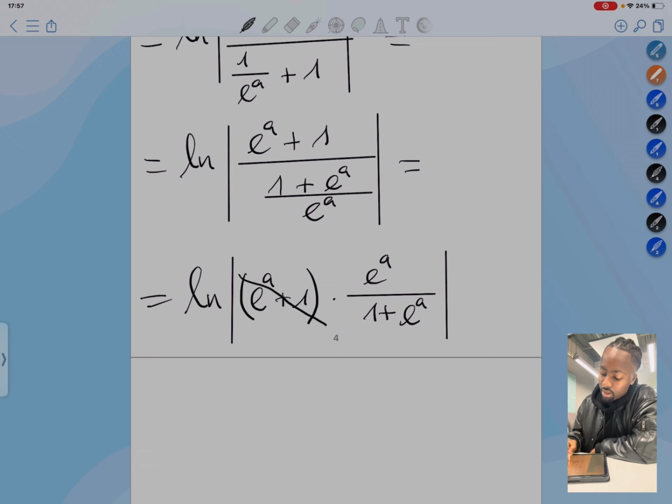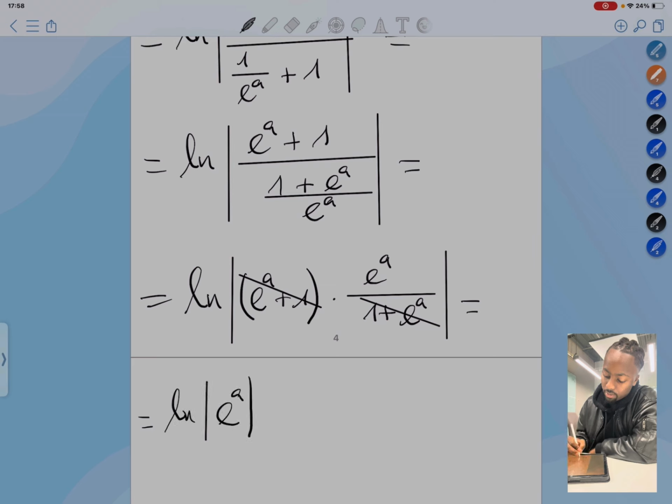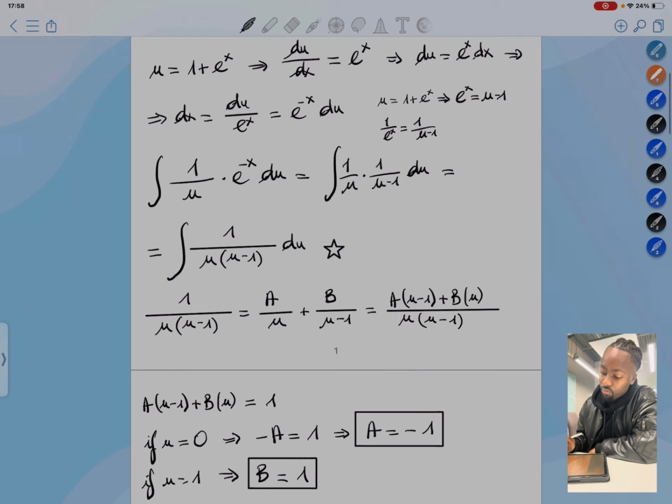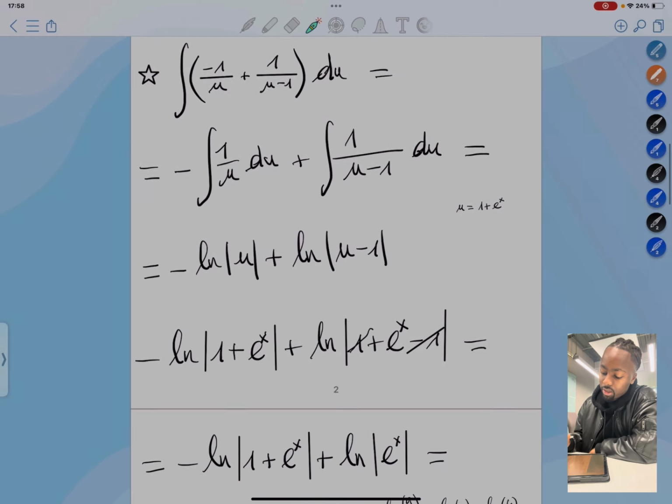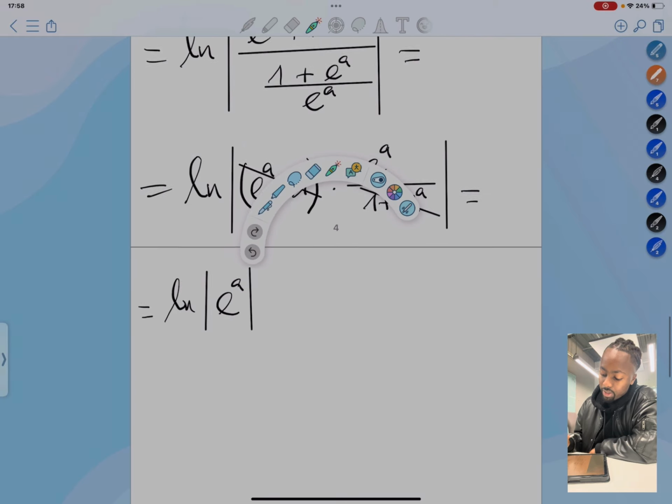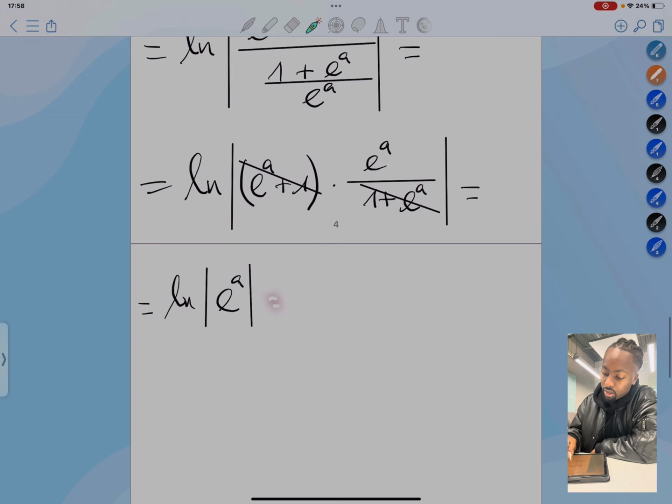Now we can see this one here cancels out with this, and we're left with the natural log of e to the power a. But a was positive. If we go back to the problem, a was greater than or equal to 0, so there is no need to put the absolute value.